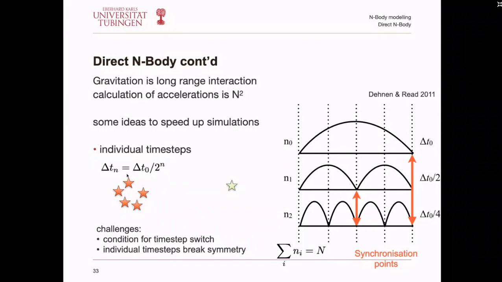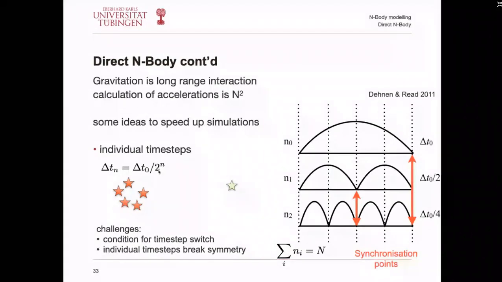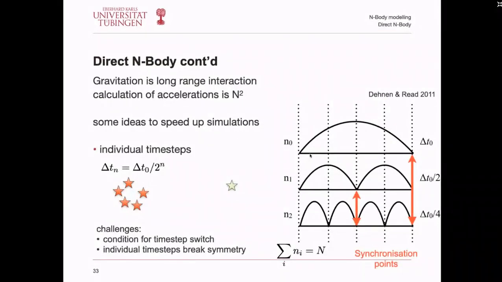So what people do here is use individual time steps which are ordered in this binary form, 2 to the n, and different n-bodies have different time steps. This can be quite challenging because you need a condition for when an n-body has to have a lower or larger time step. So you have to have some conditions to do so.